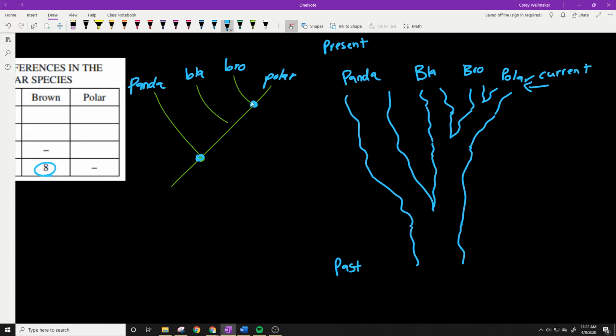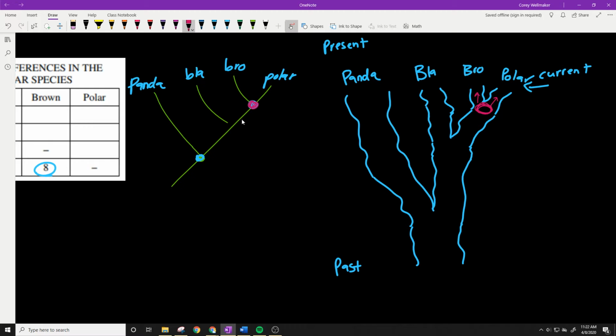So that's what this node right here is saying. This node is saying this right here is the ancestral population of bears that would split and lead to the evolution of these different lineages. And since this split happened more recently, not too far in the past, there should be very high similarities between these two lineages.